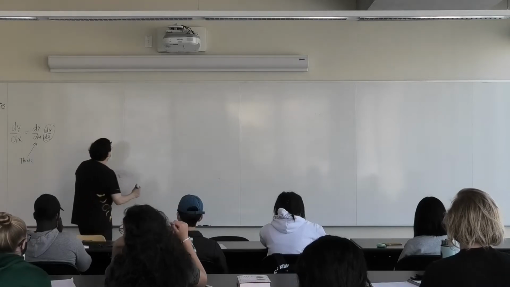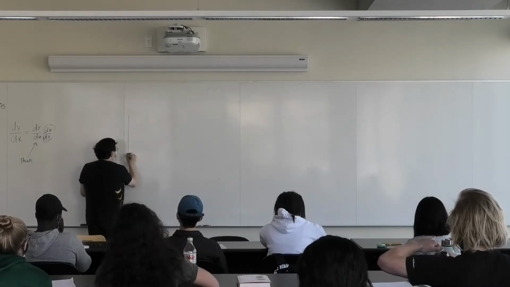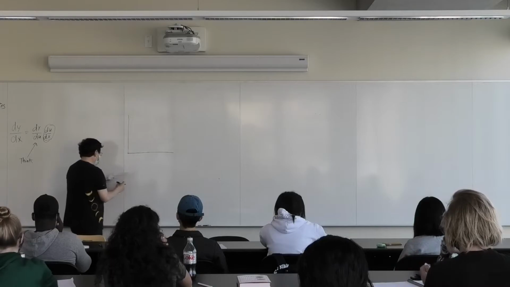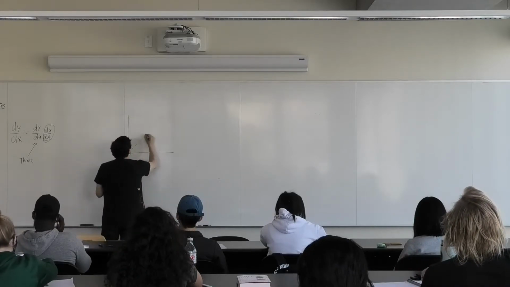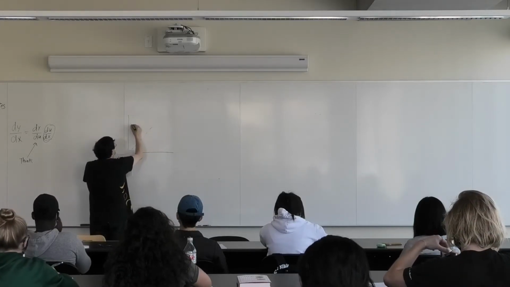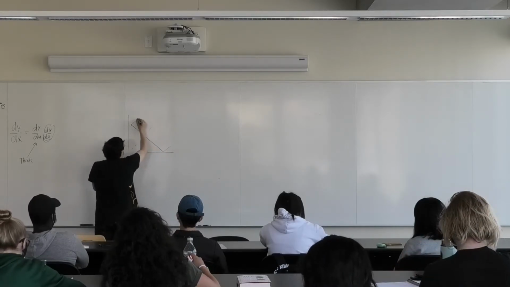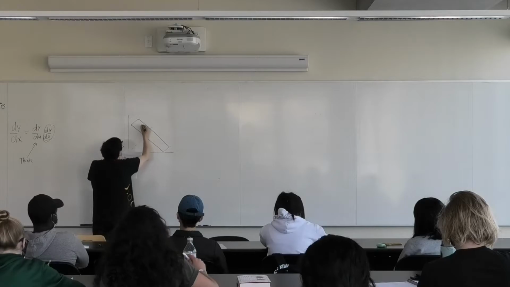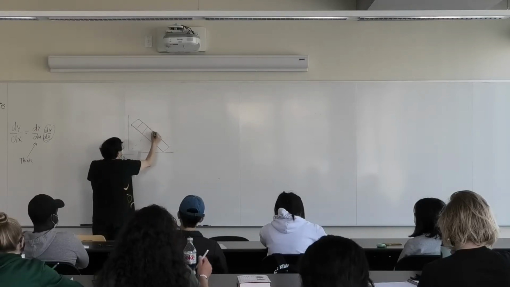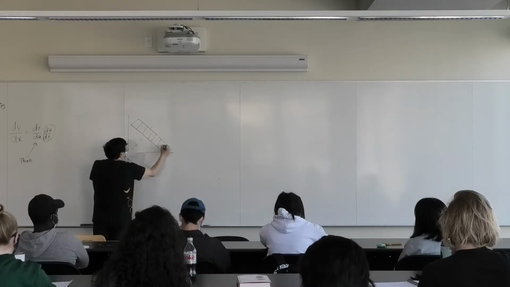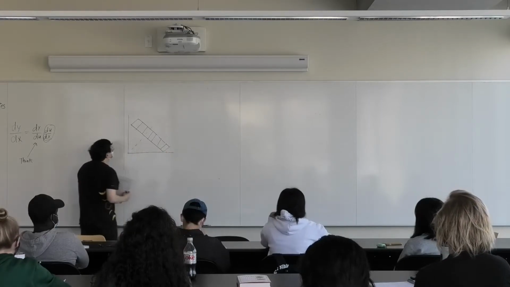Okay, so in this example, this is different. We don't have any balloons. We just have a ladder, and it's leaning against the wall, and also sitting on the ground here.